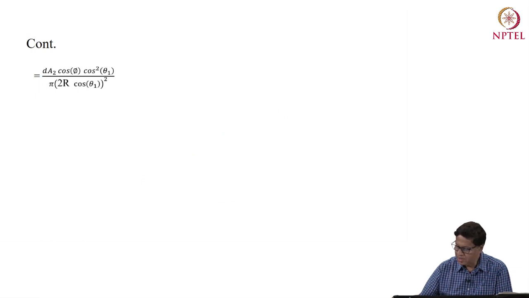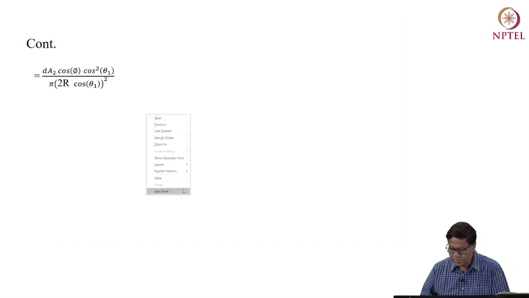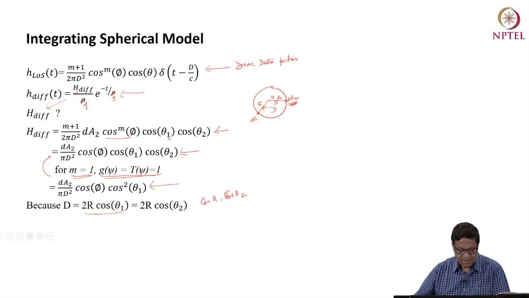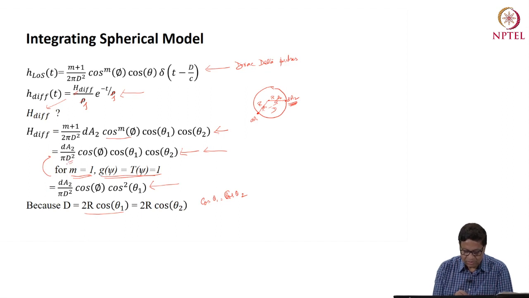And this I can put in the earlier expression, let me show you that expression. I can put this area in this expression here, and also replace the value of d, and this is cos² θ1.